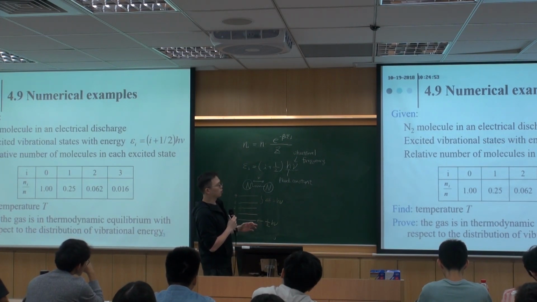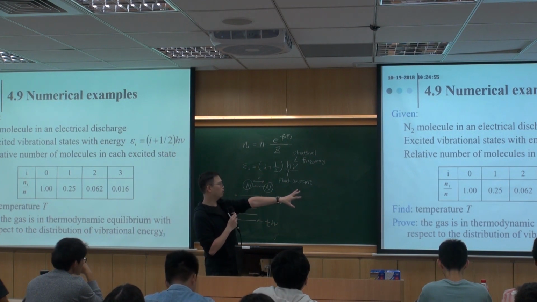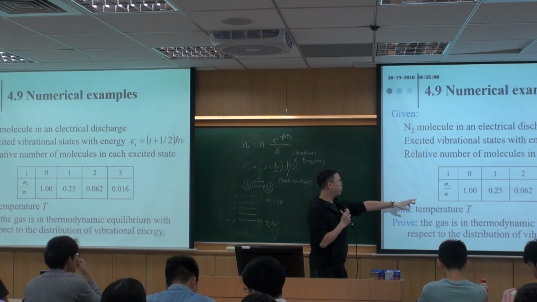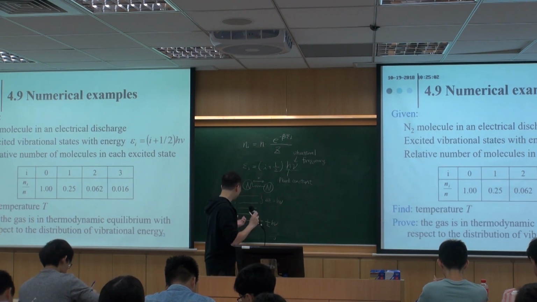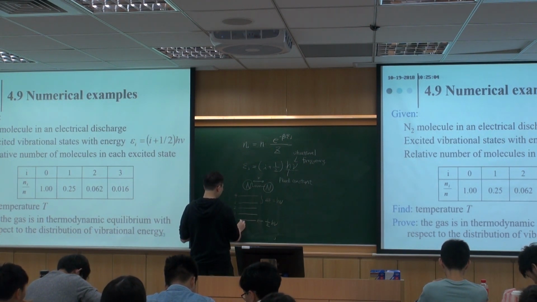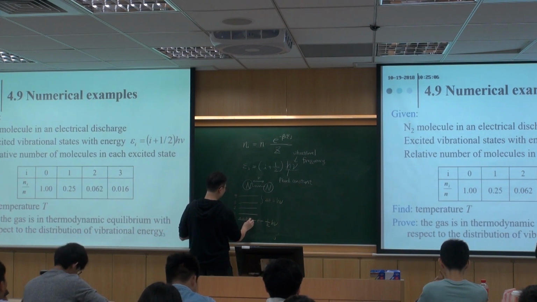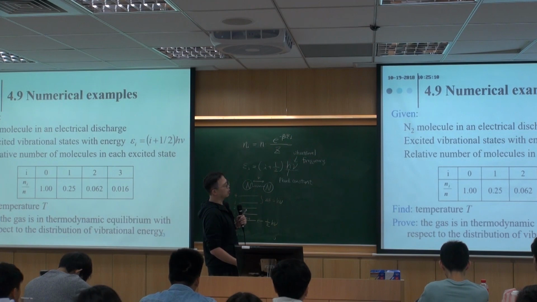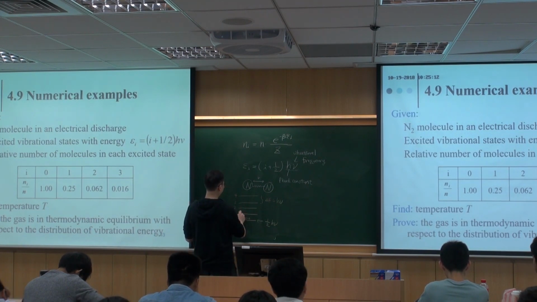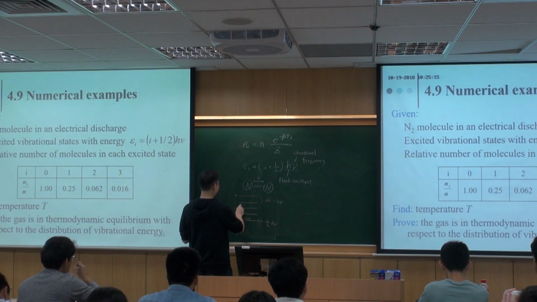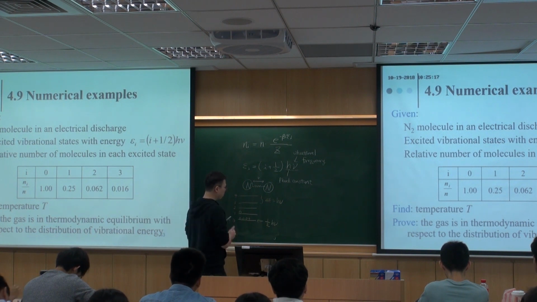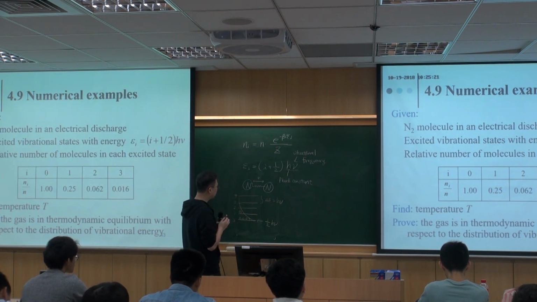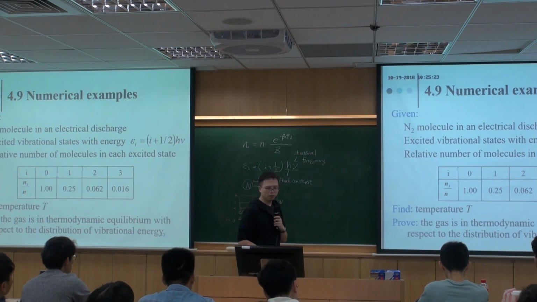And so the problem says that from experiment, if we have 1 over here, so let's say 4 particles here at the ground state, then you have 1 particle over here, and you have almost no particles here. So there's a certain distribution of particles in this system.